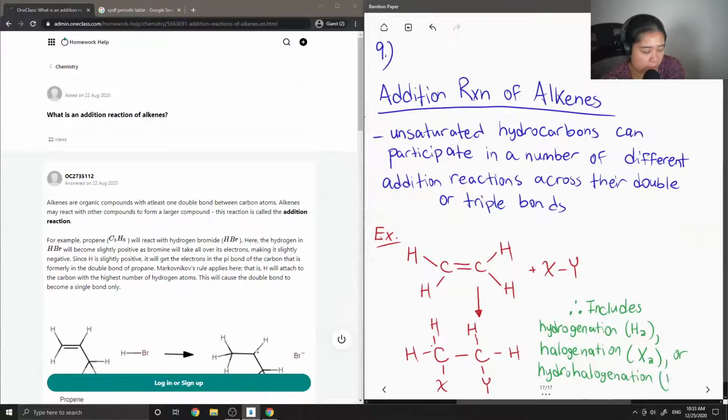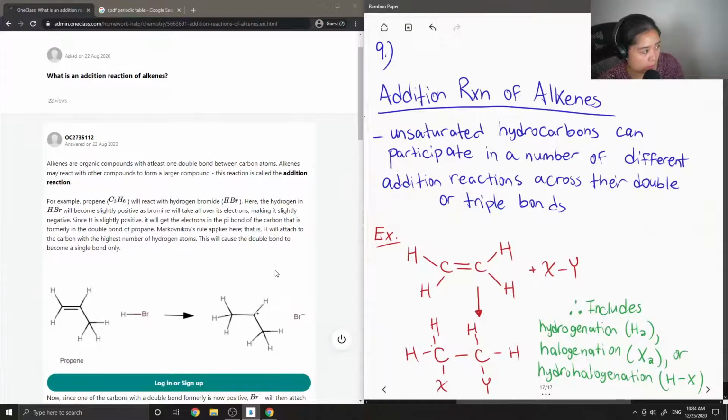So this is when we have H and a halogen. So one of the carbons will have the hydrogen and the other one will have either the chlorine, fluorine, or bromine, depending on which halogen you use. It'll just add 1.